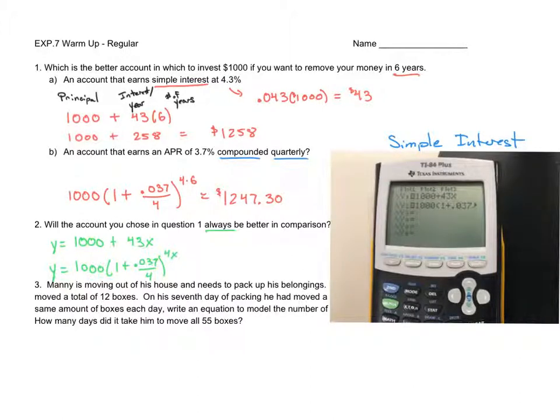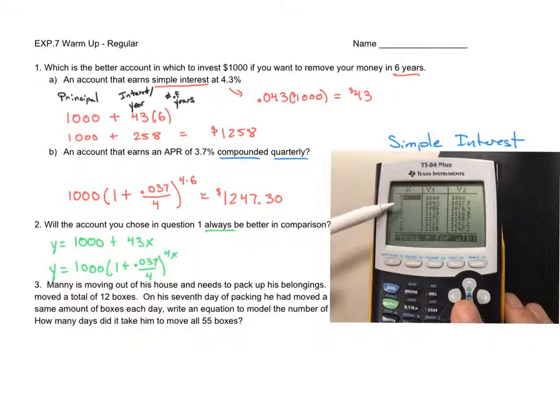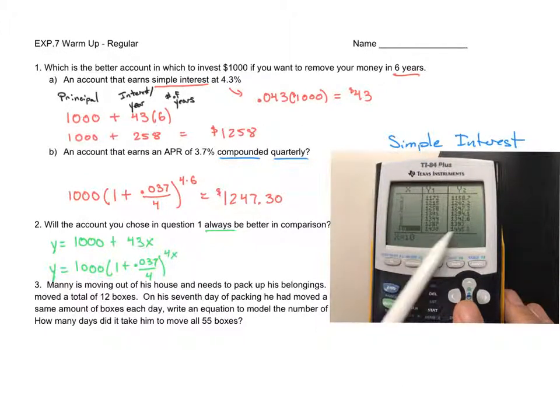As you can see in my graphing calculator, I have the simple interest in y1 and the compound interest in y2, and now I'm going to take a look at the table. If we go down this table a little bit, we can see it doesn't take much longer after those 6 years for the compound interest to surpass the simple interest, and so no, it won't always be better. It's just that on this shorter time period of 6 years, the simple interest is better.